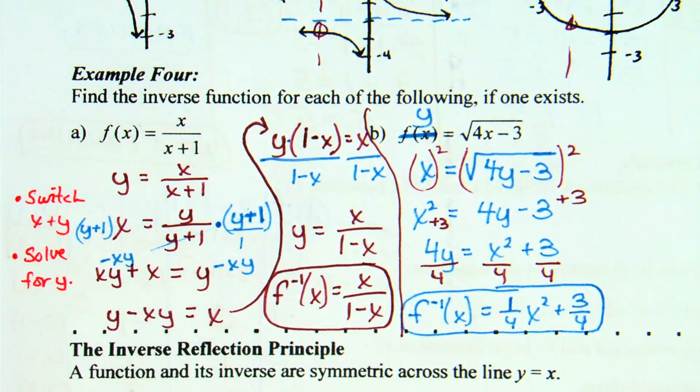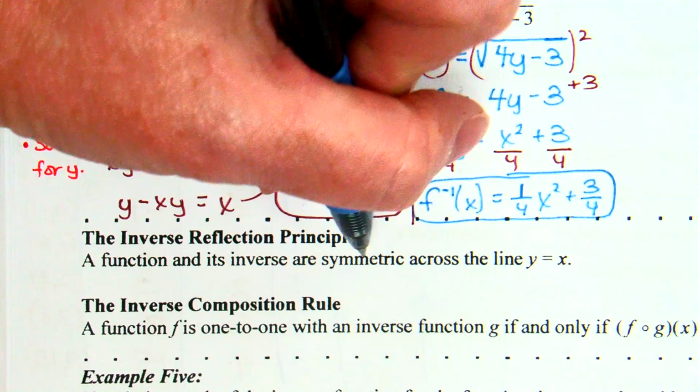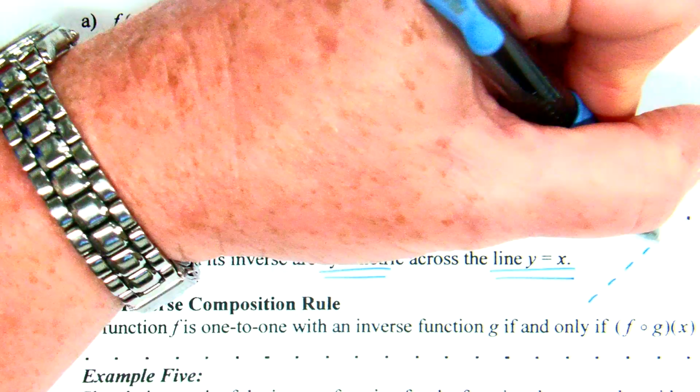Inverse reflection principle and inverse composition rule are our last two topics. The inverse reflection principle, I actually mentioned this when we were learning our 12 graphs, that a function and its inverse are symmetric across the line y equals x. What does the line y equals x look like? That perfect diagonal line goes through 0, 0, has a slope of 1.